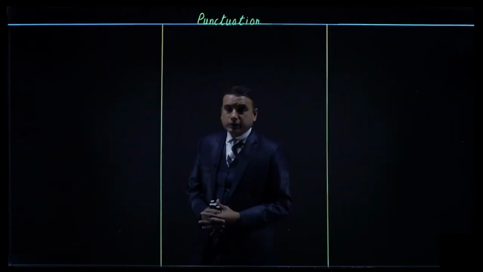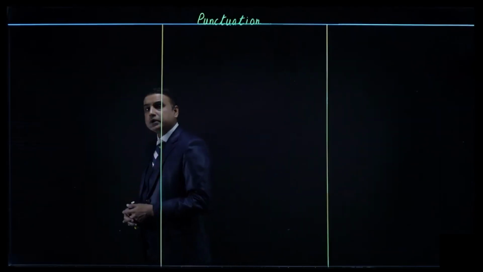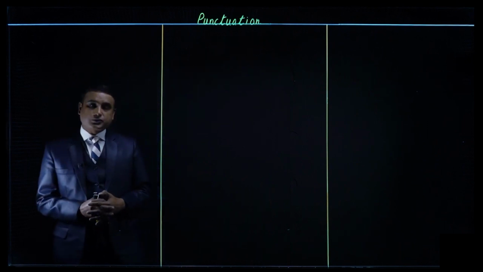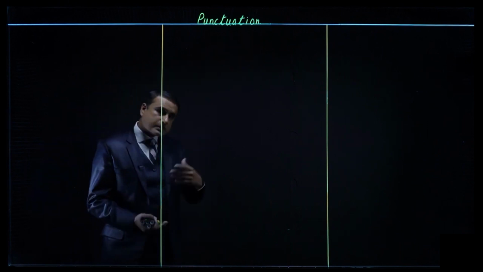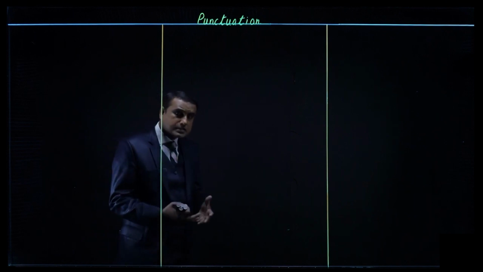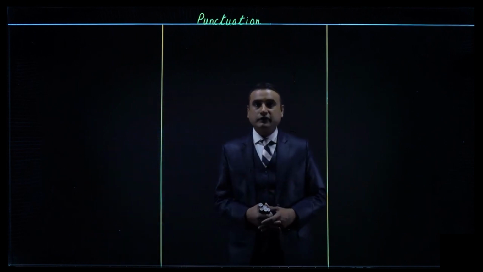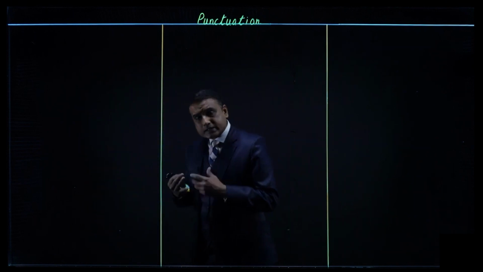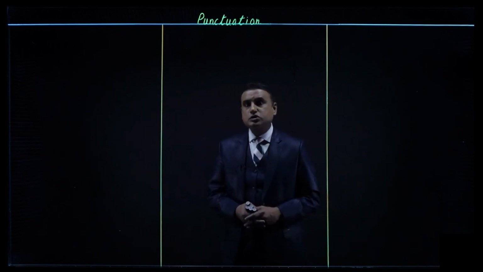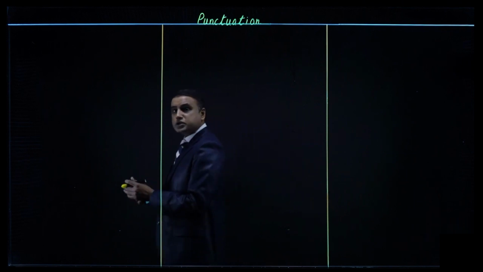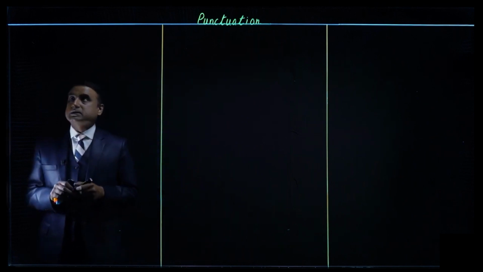So we are at the lightboard, and as I've told you in the intro, today we are going to discuss punctuation once more with some further details and some more ingredients of punctuation. We've already discussed comma and full stop in the previous lecture, and the rest of the ingredients we are going to discuss in this lecture.